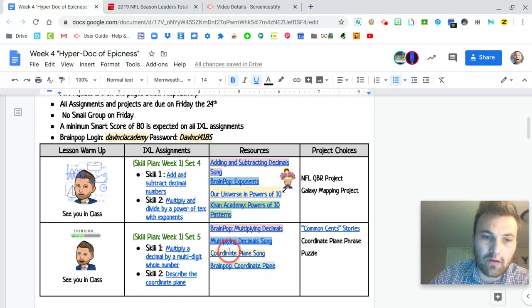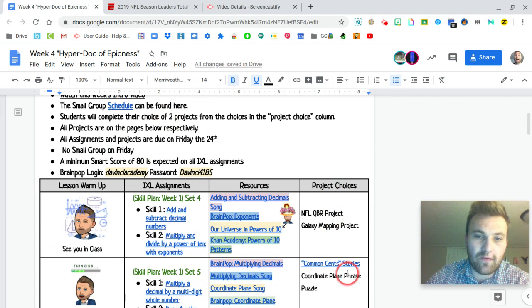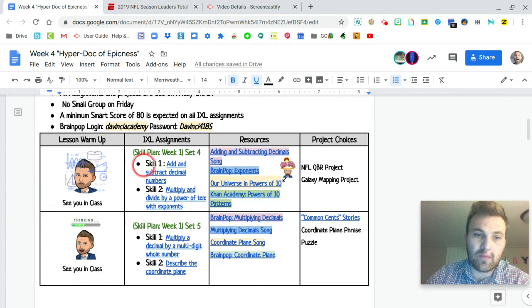There are resources for each of those skills, and then projects for each: Common Sense Stories and the Coordinate Plane Phrase Puzzle. I will describe each of those projects in turn, but remember, students only need to complete 2 out of the 4 project options. It could be these 2, or one from each skill set, or any combination. Any 2 out of the 4 need to be completed for the week.